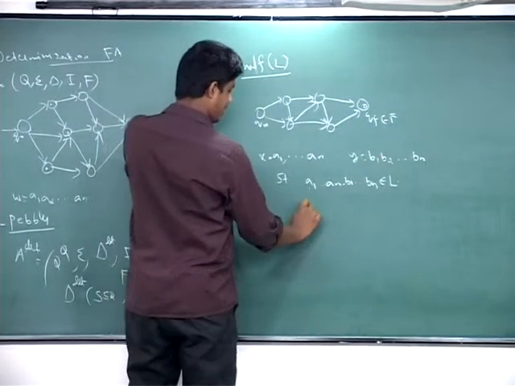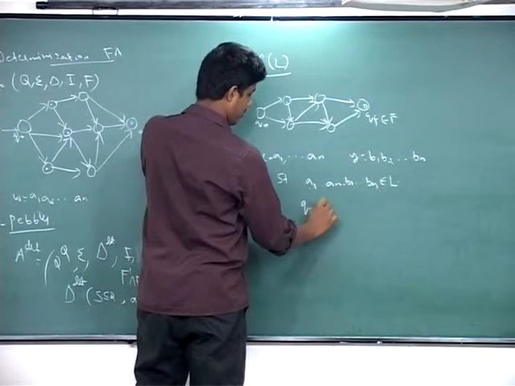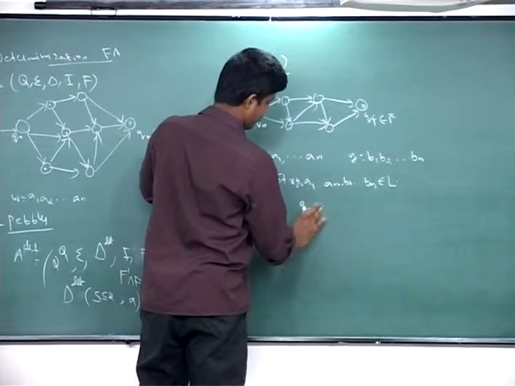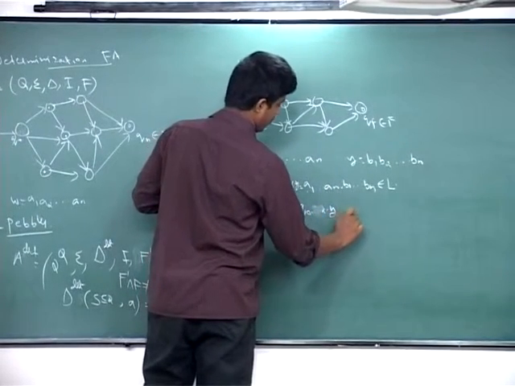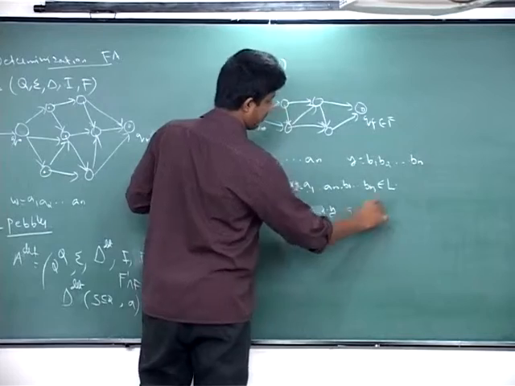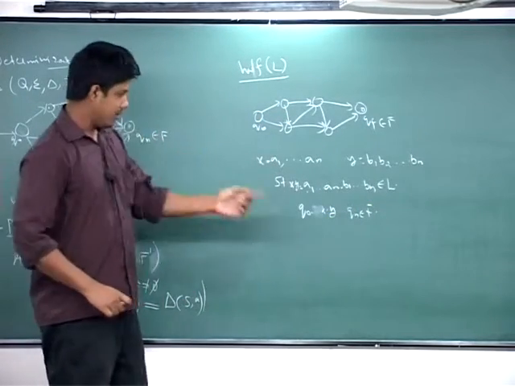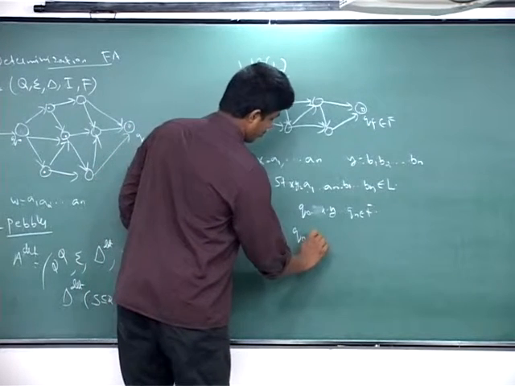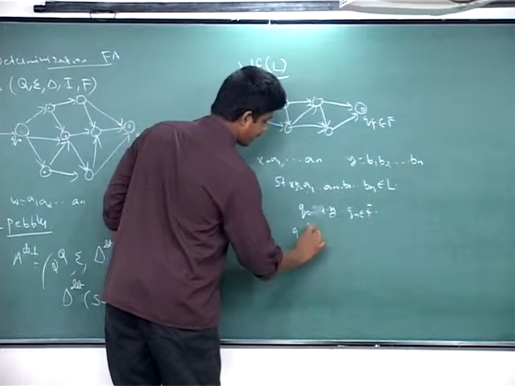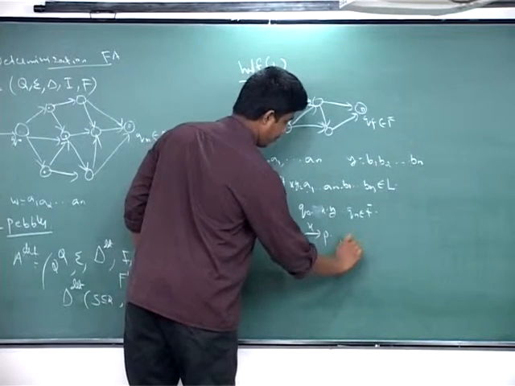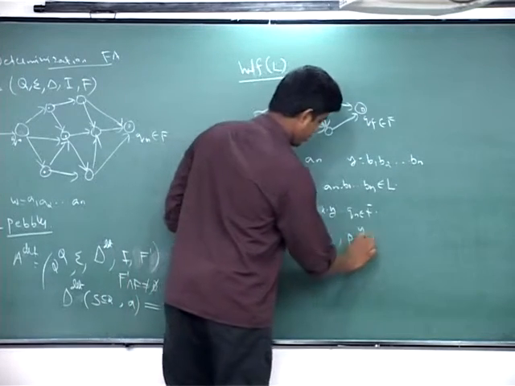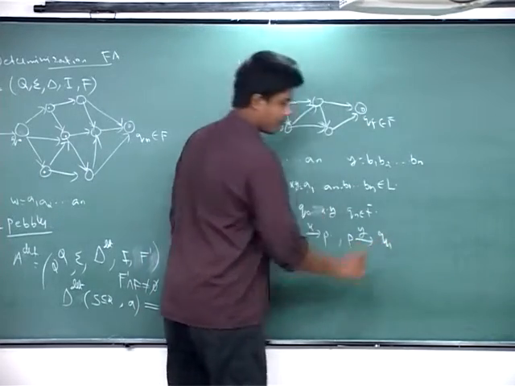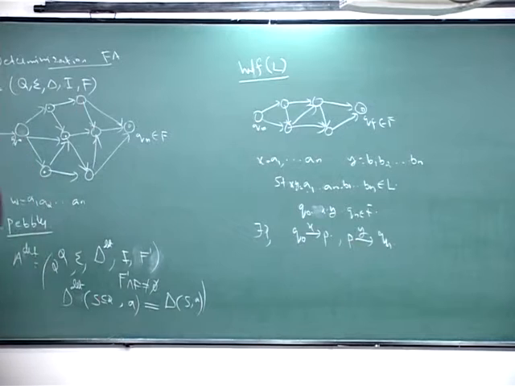This is the same as saying that there is a run from Q0 on the string X dot Y to some Qn in F. This is the same as saying there is some state P such that X takes Q0 to P, and Y takes P to Qn.